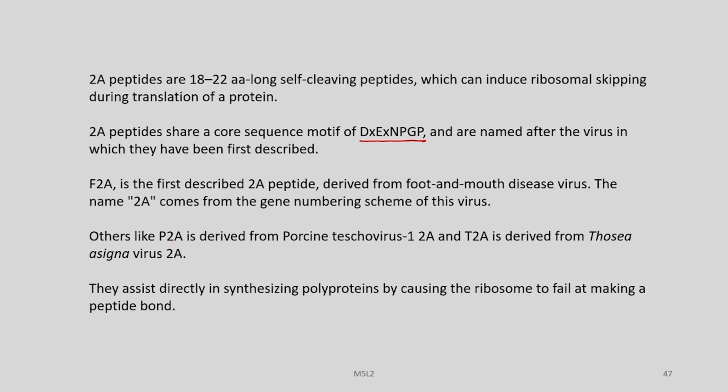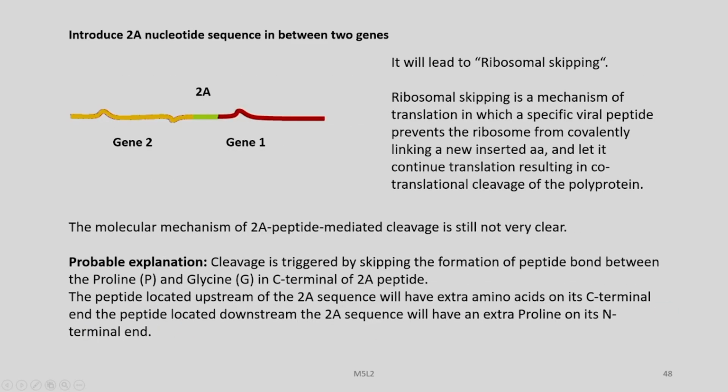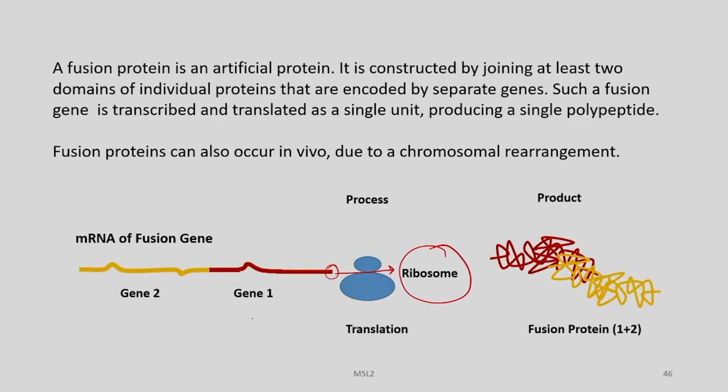All these assist directly in synthesizing polyproteins by causing the ribosome to fail at making a peptide bond. What we mean by this we will learn very soon. So, we have seen this construct of two genes, gene 1 and gene 2, to create a fusion protein.